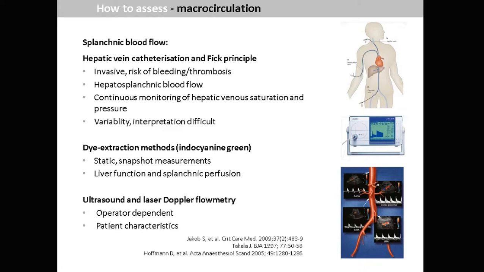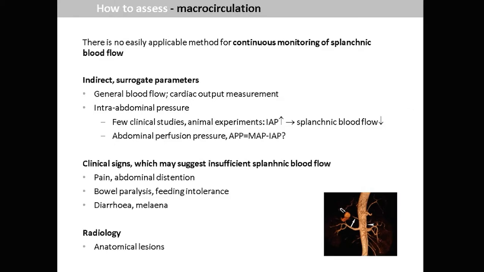And ultimately, there are ultrasound and laser Doppler flowmetry available. They are operator dependent, and patient characteristics are important there. We must admit there is no easily applicable method for continuous monitoring of splanchnic blood flow. We can do that in experimental models, maybe in clinical trials, specific methodology-rich trials, but not in clinical routine.